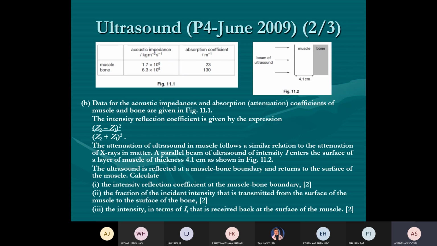From muscle to bone, just going here, what is the fraction of intensity that reached the bone? Just e to the negative kx, with x as 4.1 here. K is per centimeter, but this was in meters. Change to the same unit: from per meter you have to change to per centimeter, or you change the centimeter to meter, either one. Changing 4.1 to meters also works.